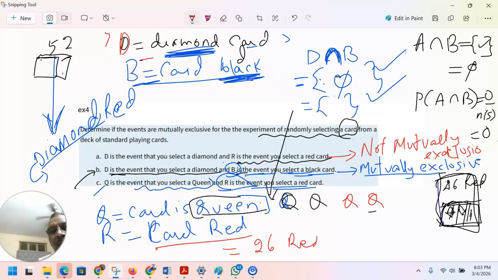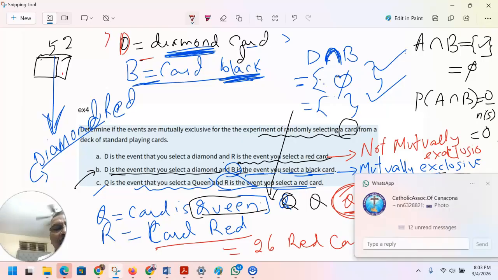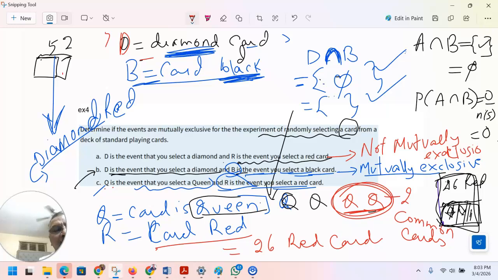Among these there are two cards which are common, two common cards. So are these two events mutually exclusive?